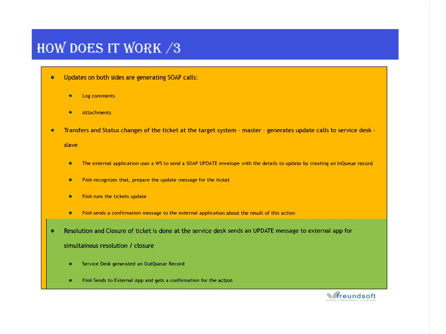What we can do is log comments and attachments, and that's it. Those things are synchronized simultaneously from both sides, because they don't interfere in the normal life cycle of the tickets. Next are transfers and status changes, which have special meaning, and they are only possible to be done in this scenario on the target system, meaning where the master is.